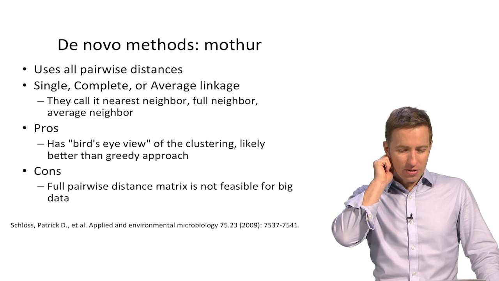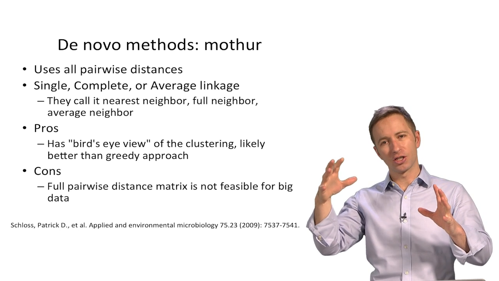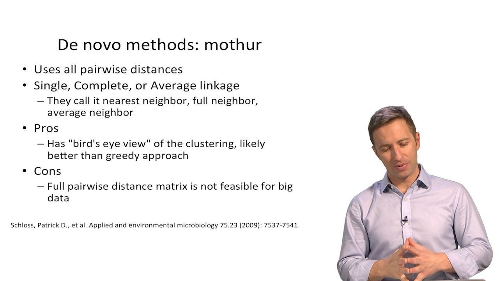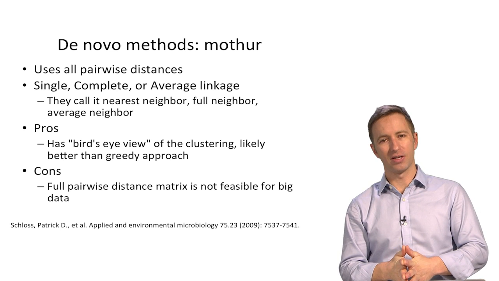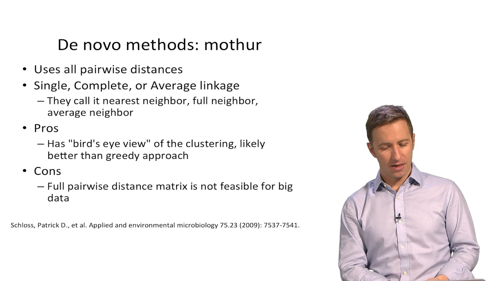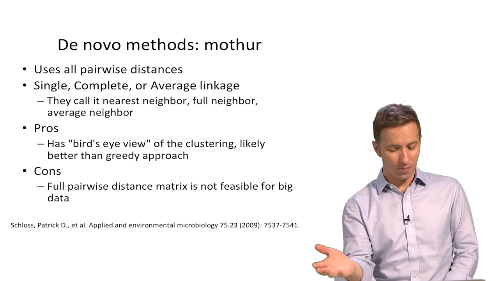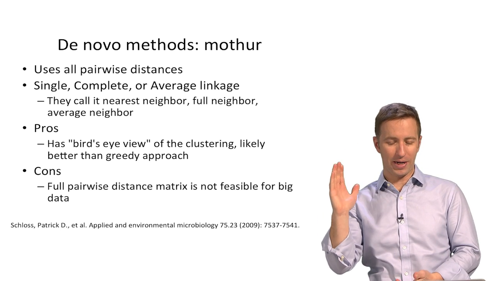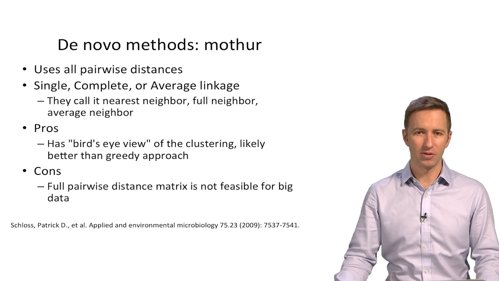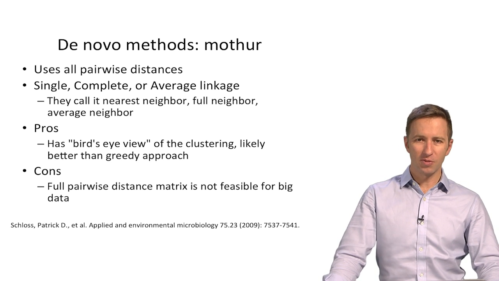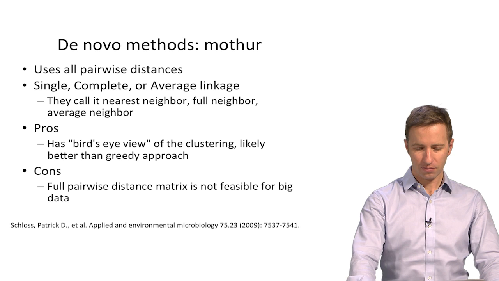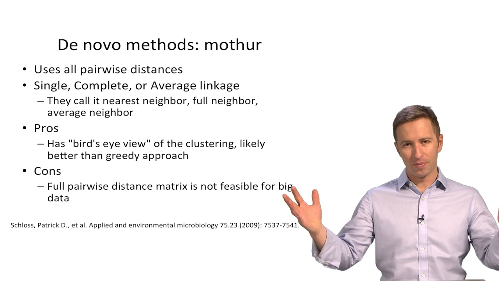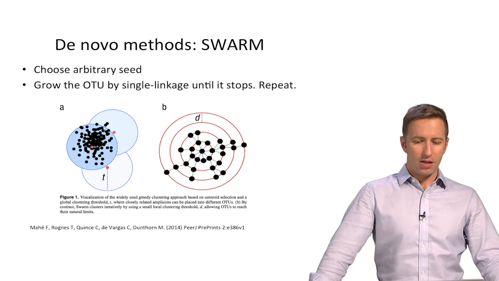So a pro for Mothur is that it has this kind of bird's eye view of the clustering, and so this is generally going to be better than a greedy approach. A con is that you have to have this full pairwise distance matrix for all of your input sequences, so this is not really feasible with big data sets, depending on how big it is and how much RAM you have.